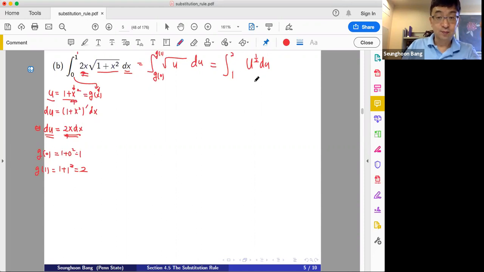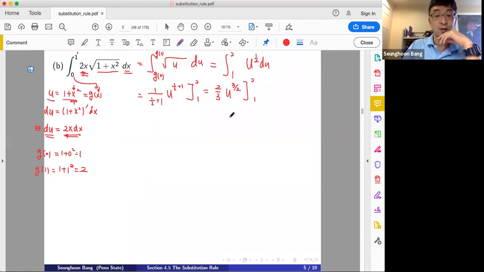The next one, you can find the antiderivative. So what's that? 1 over 2 plus 1, u to the 1 over 2 plus 1, from 1 to 2. This is 2/3 u to the 3 over 2 from 1 to 2.